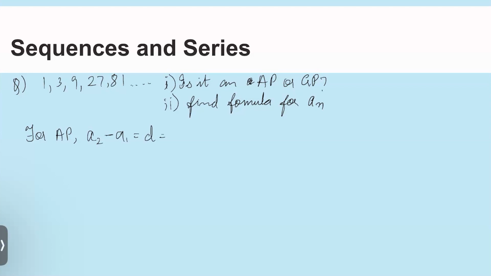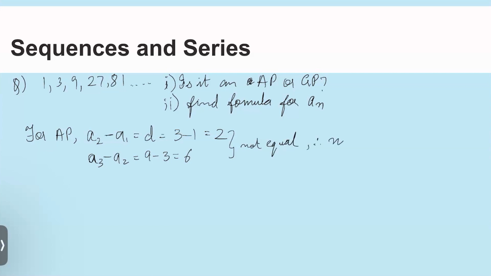So 3 minus 1 is 2. And whether the same common difference is being followed between the next number and the previous number, we will take a3 minus a2. So a3 minus a2 is 9 minus 3, that is 6. So these two are not equal.